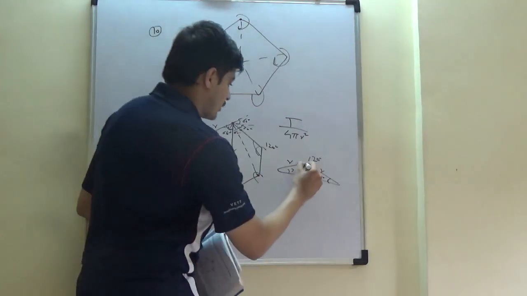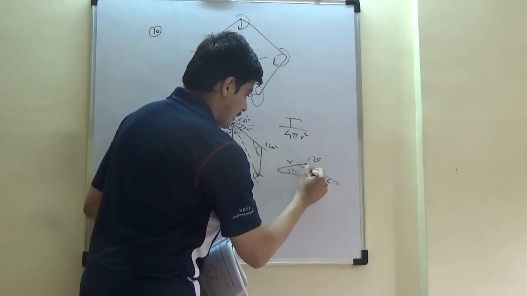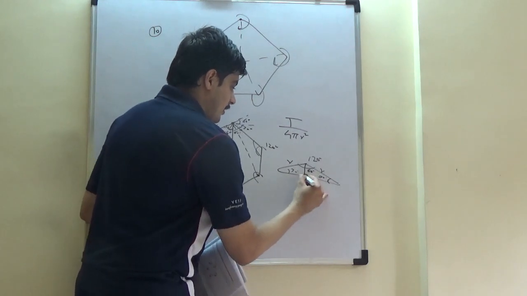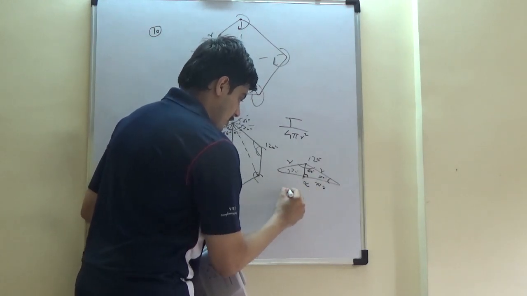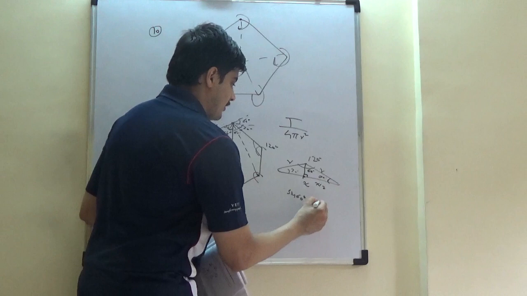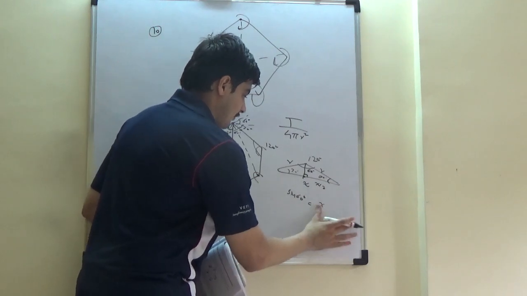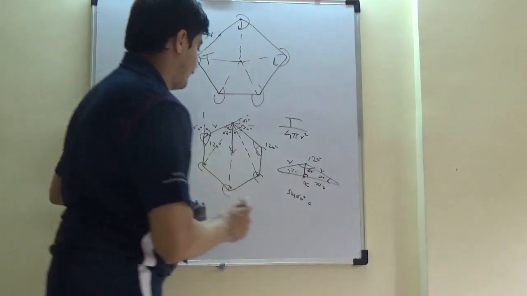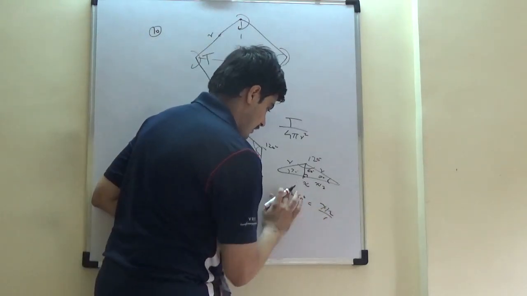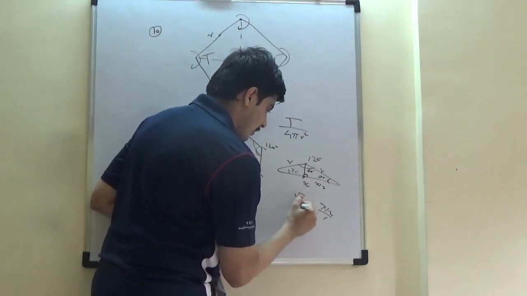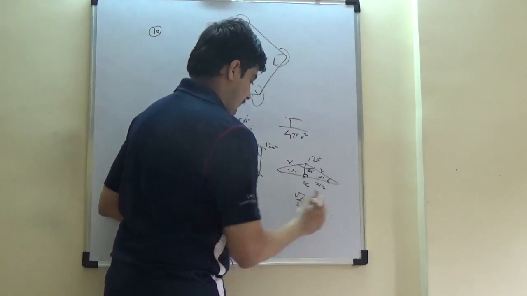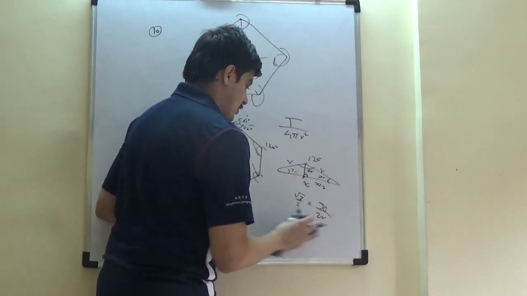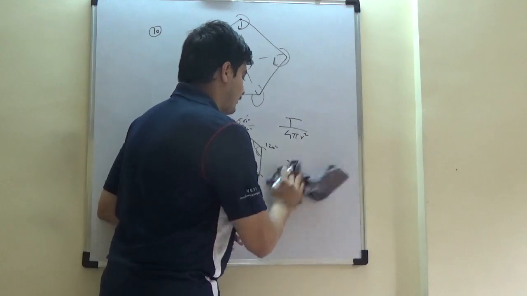And how would you solve this? Draw a perpendicular. This is 60 degree. Now this is x by 2. So sine 60 degree is x by 2 upon r. But sine 60 is root 3 by 2, right? So x is root 3 r.